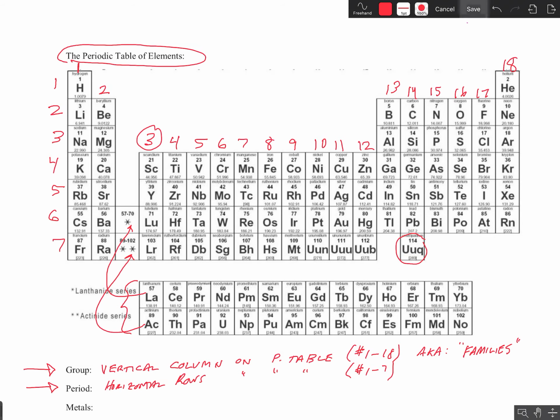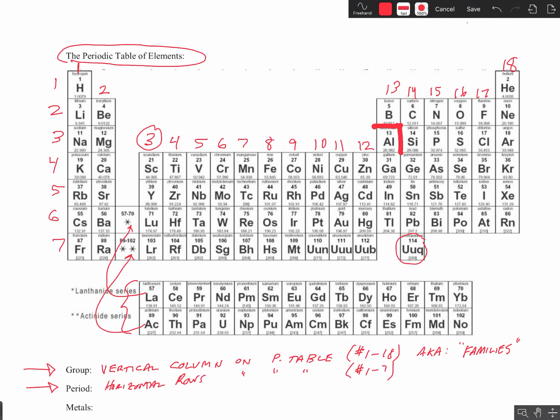All right, now what I want to do next is draw a little barrier or border on your periodic table. So I'm going to change my pen here, and I'm going to draw a line underneath the element boron, and you should do the same on your periodic table.